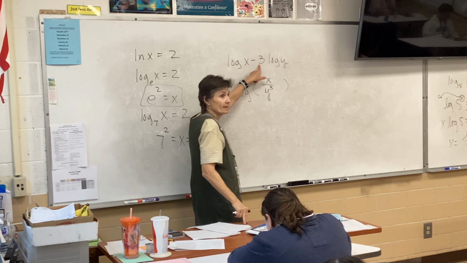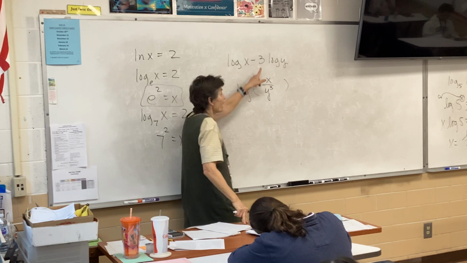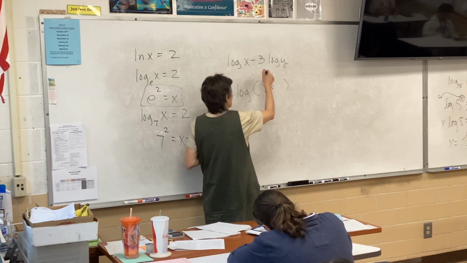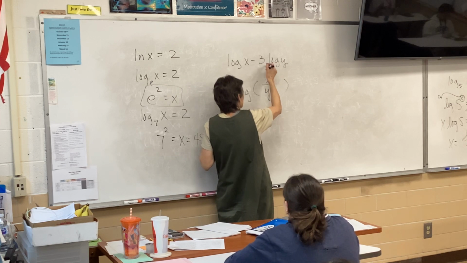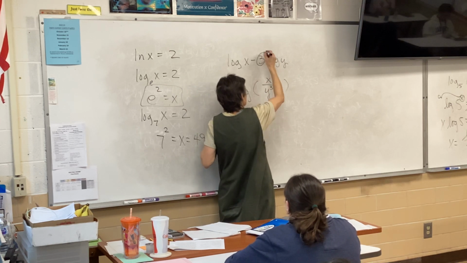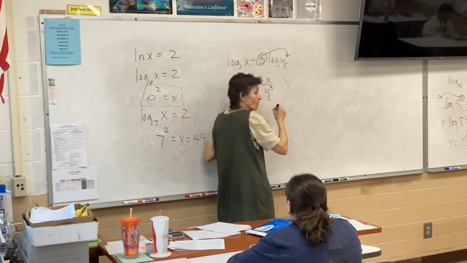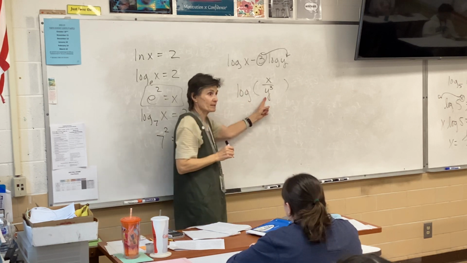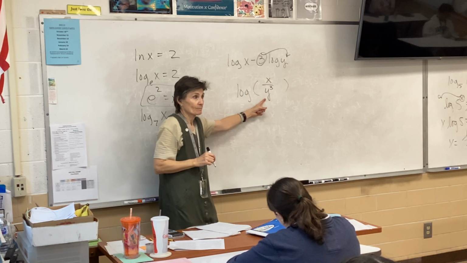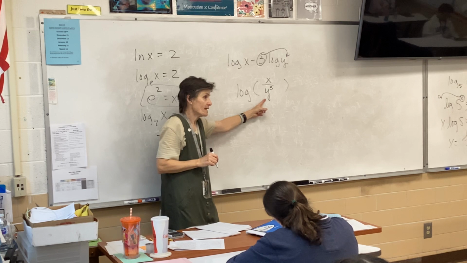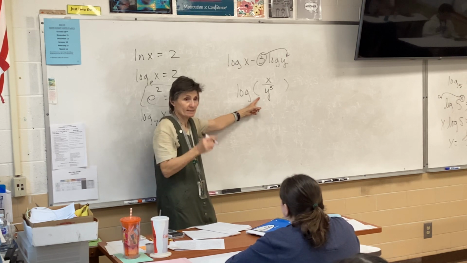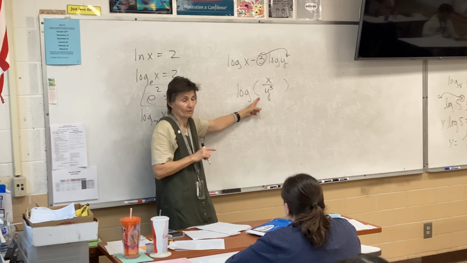Because that's a subtraction. We need to remember that a number out in front of a logarithm like this is really an exponent. So that's how we got y cubed. The cube doesn't go with the x, it only goes with the y, because it's in front of the y logarithm.